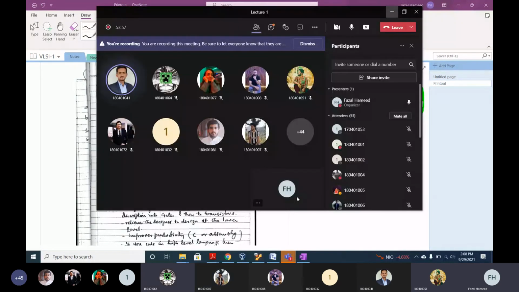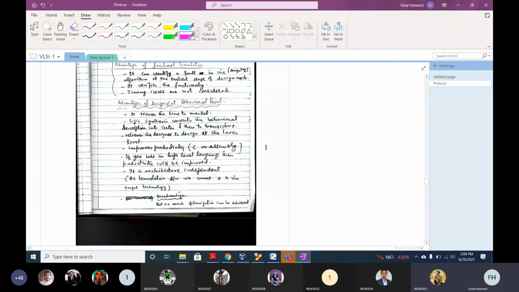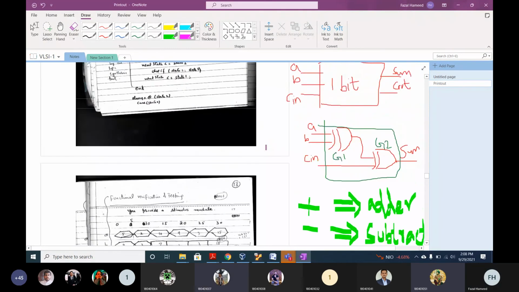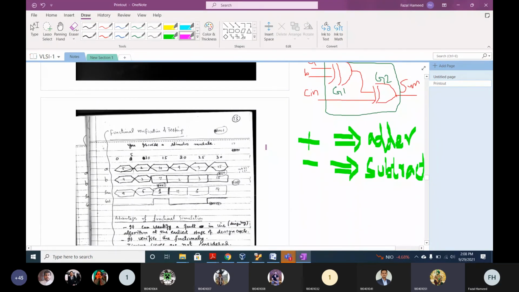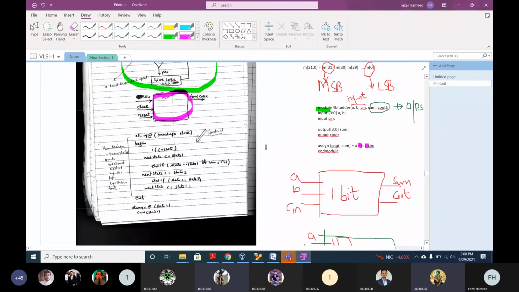Any questions? Any question? Sir, can an AND gate be used in this, if we look at the design, for the coin and the clock? Yes. Then how will this design be realized? I'm not going to go into detail on this design because it is a little bit more complex, and we will study it in more detail in our later lectures.